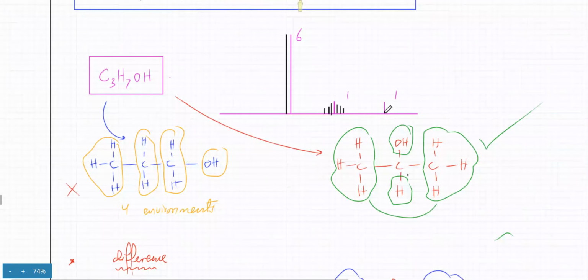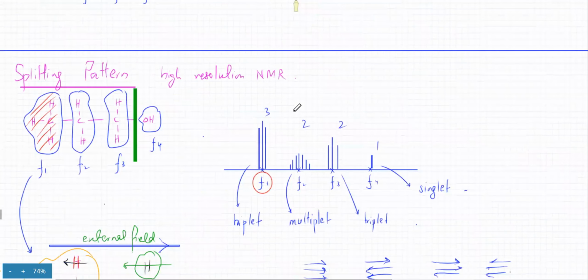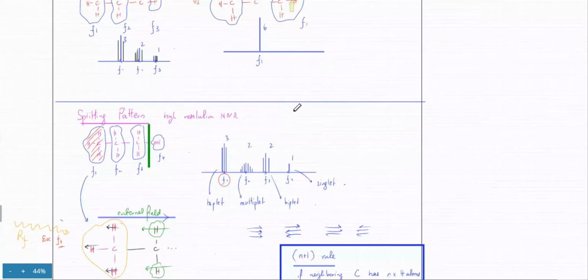The frequencies would be split up, because there's going to be interference. And the rule was the n plus 1 rule.